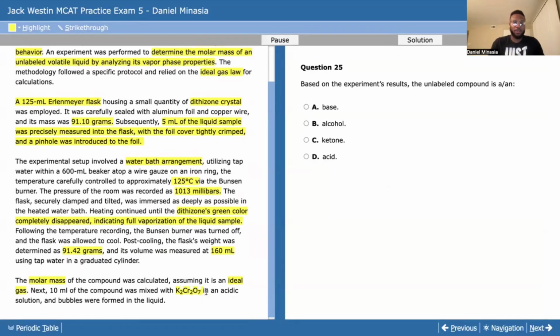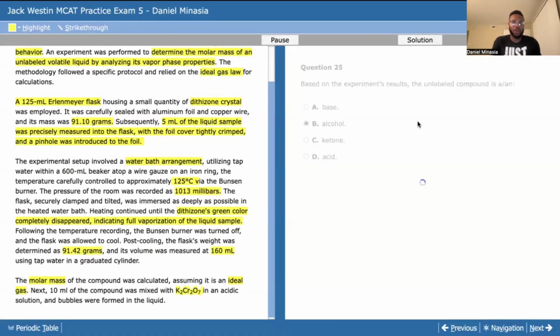Doesn't really make sense. Acid, ketone, again, we said, no, right? This is, I think, such a bad distractor. Base, not particularly. A base wouldn't do that.